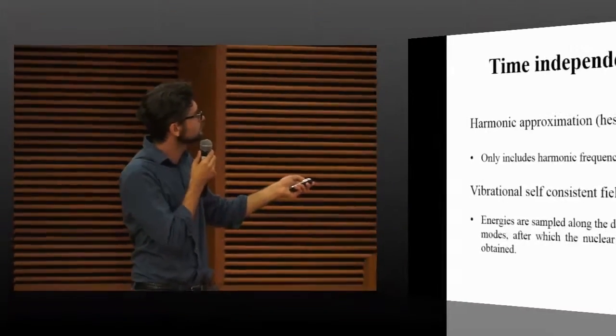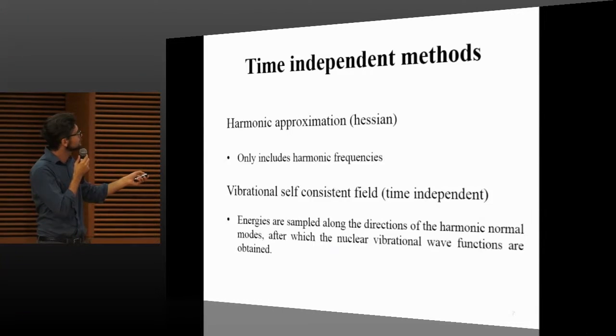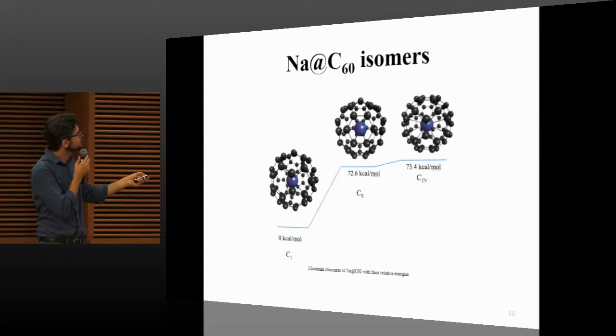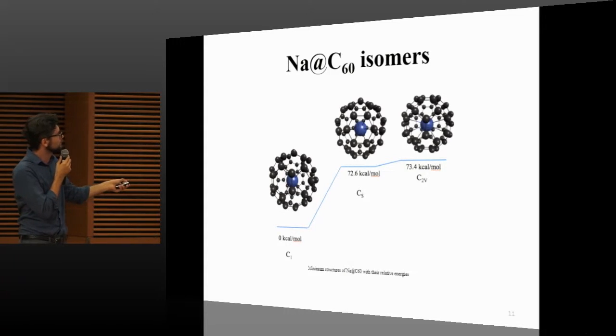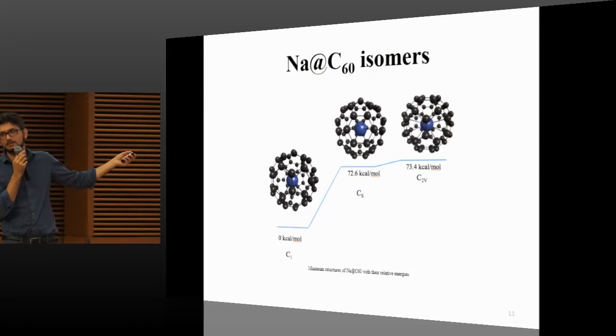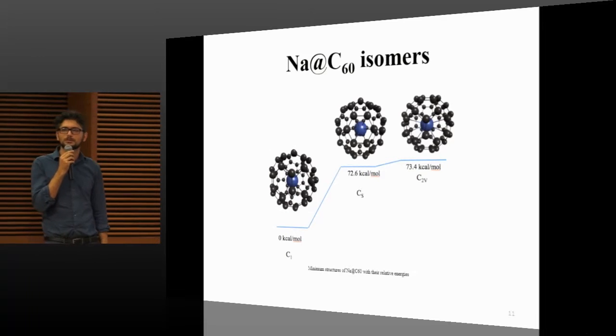They have different energies, but we don't know about the barrier, as I showed in this slide. Yeah, this one. The energy difference: these are relative energies, so if this is 0, this is 72, and this is 73, but this is what we have found so far. There might be more. I'm trying to find more structures.